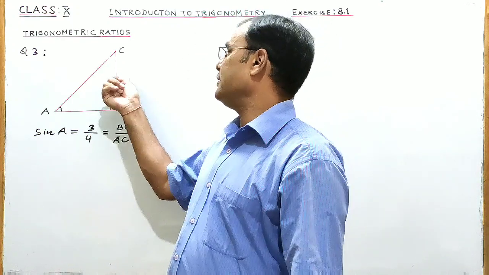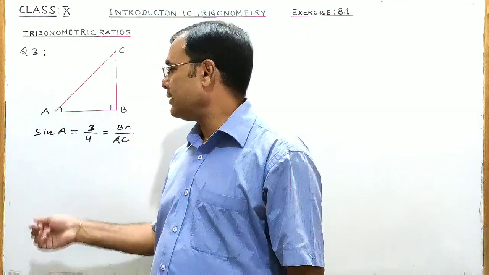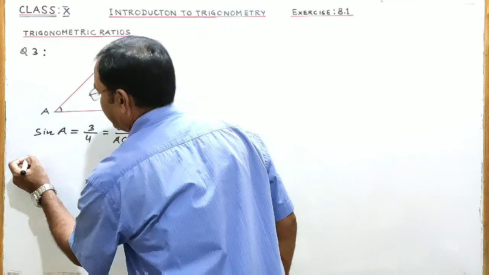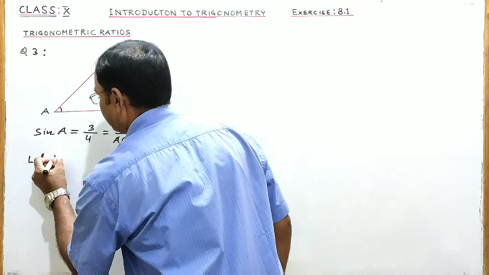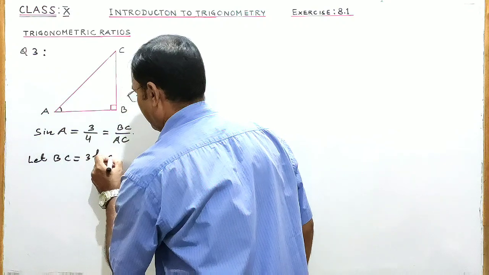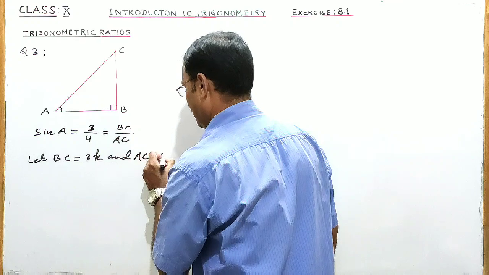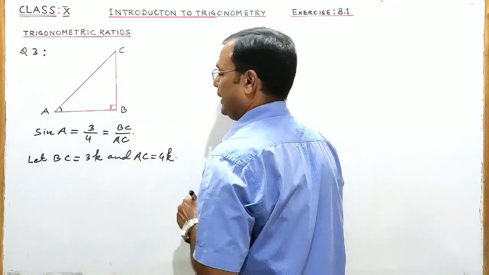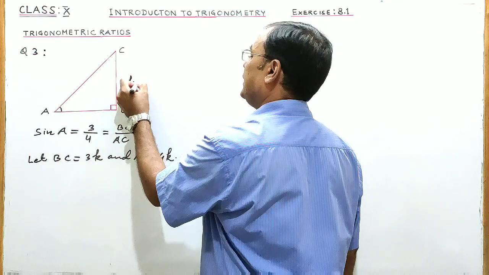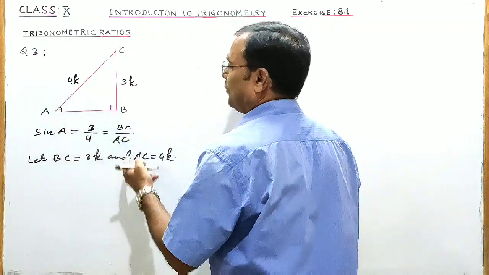That means BC is to AC is given 3 is to 4, which is sine of angle A. So let BC be equal to 3K and AC be equal to 4K.